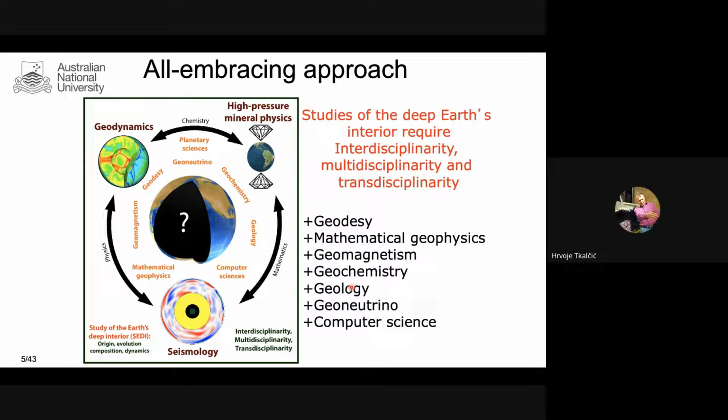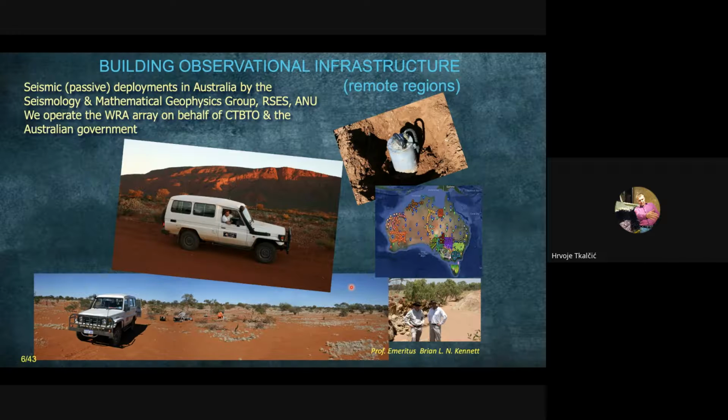But all these other disciplines come to mind, particularly computer sciences and mathematical geophysics, that are insightful when it comes to the deep Earth. So an all-embracing approach is required.